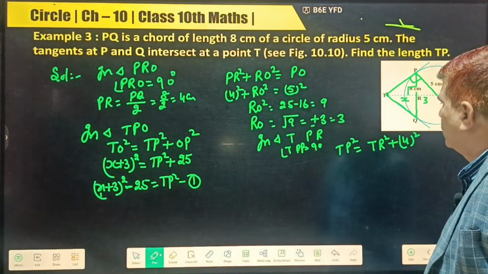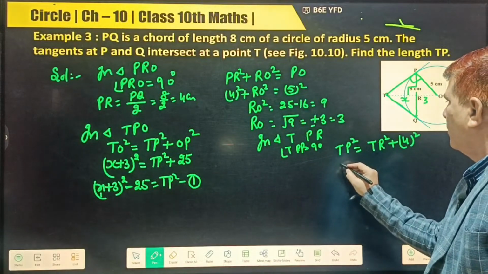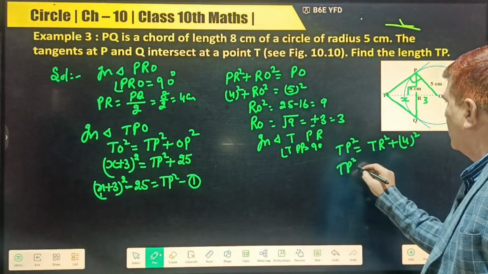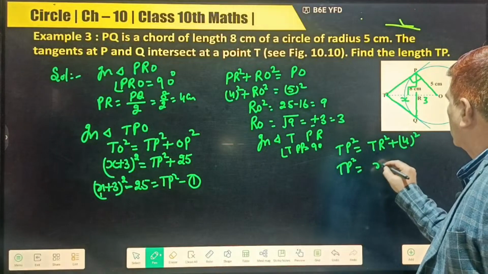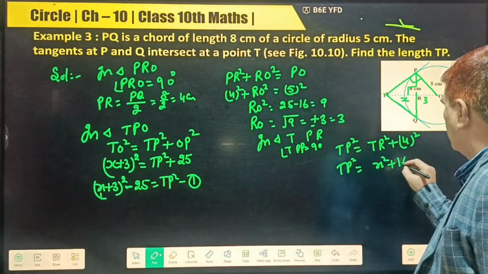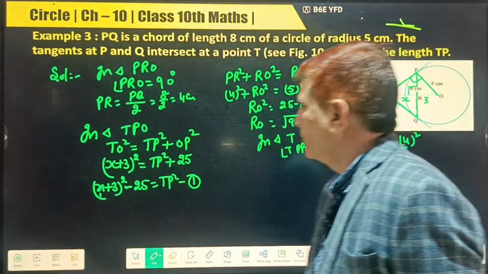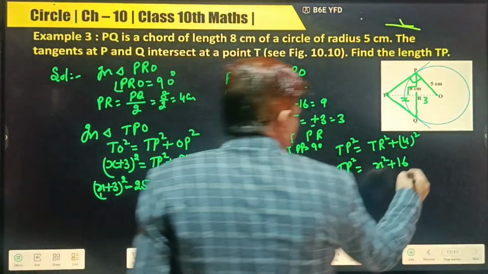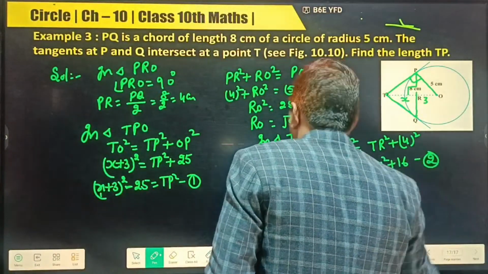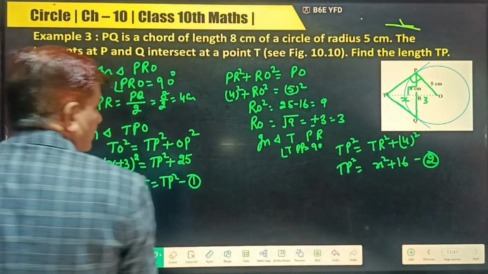What's 4 square? So TP square is equal to x square plus 16. This is number 2. Compare first and second.